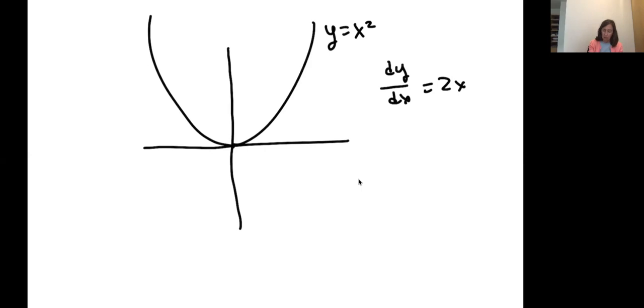As I was saying, if we pick a point here and want to know what the slope is, if that point is x, the slope of that line is 2x. The functional value is x squared.